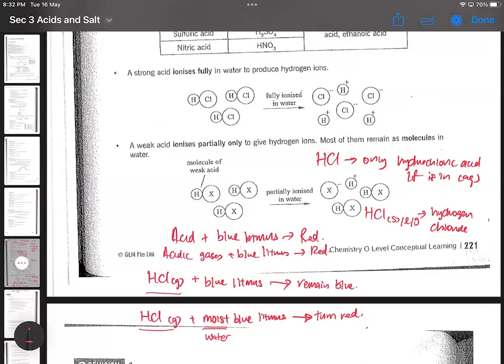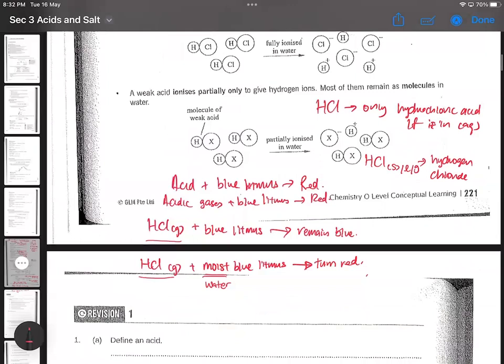Yes, so what Kaylee mentioned is that in the presence of the water over here, the HCl gas can convert into HCl as hydrochloric acid.